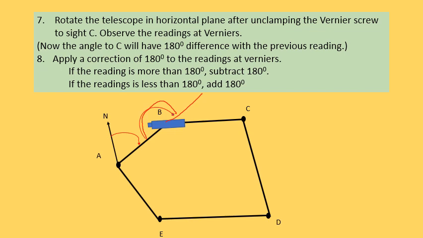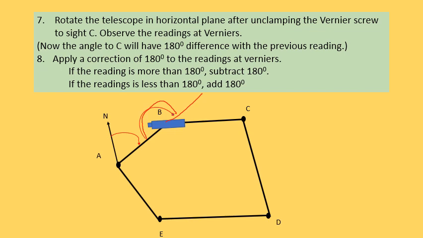If you have a reading more than 180 degrees, you have to subtract 180 degrees from that reading. If your reading when you are observing C is less than 180 degrees, you have to add 180 degrees to your reading. That will give you the bearing of line C.